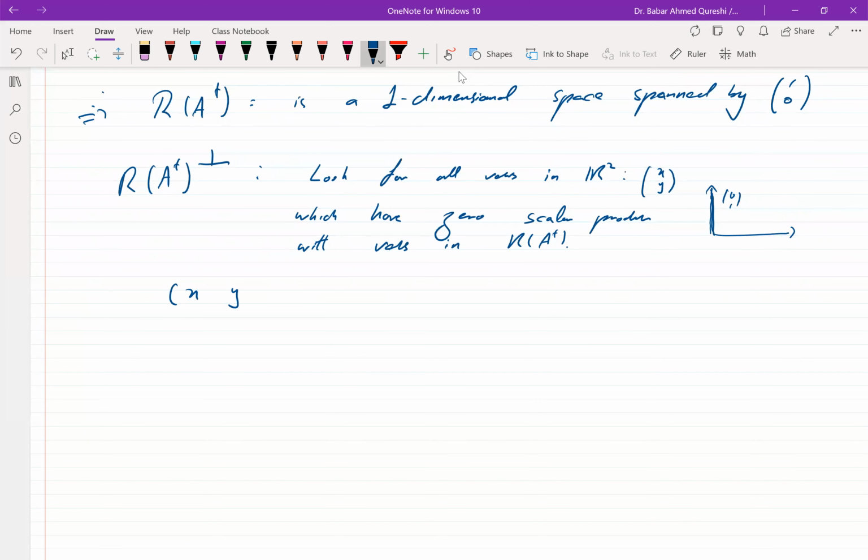So I compute the scalar product with the vectors in R A transpose, and they are of this form. So I get aX plus 0 is equal to 0.